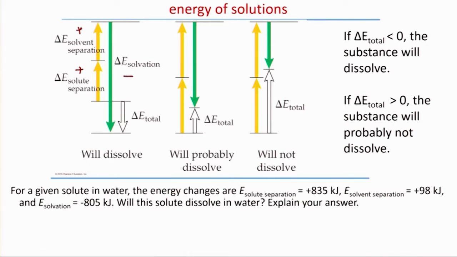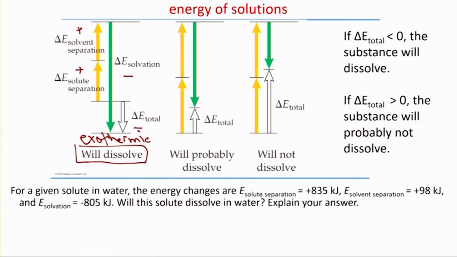So overall your change in energy will be negative. That means this will dissolve and overall give off energy. Reactions that give off energy in the form of heat we call exothermic. So when you mix this up, energy will be released.